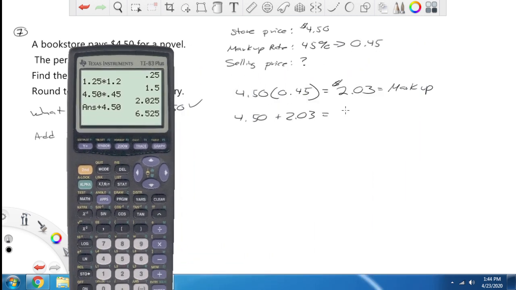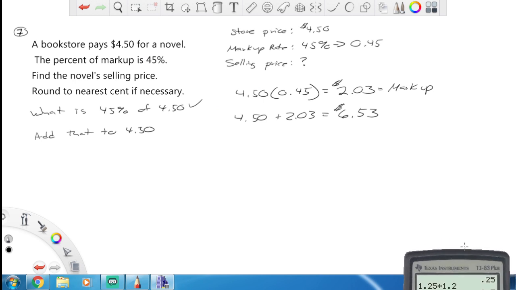I don't know if it will or not. $6.53. And this here, again, is your selling price. That's what it's asking for. So that's your selling price, $6.53. That's the answer because it wants to know what it is.